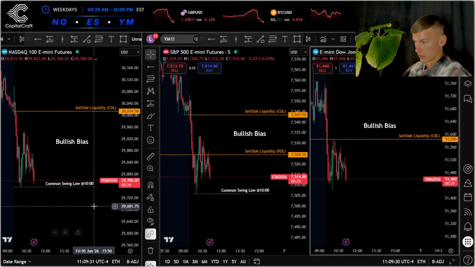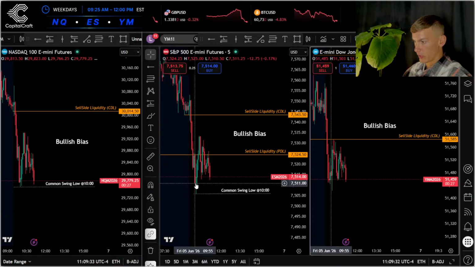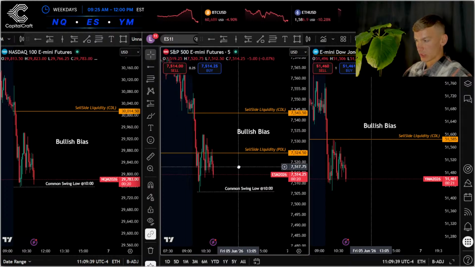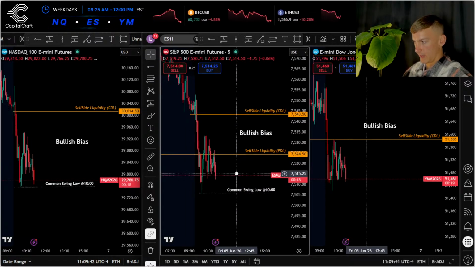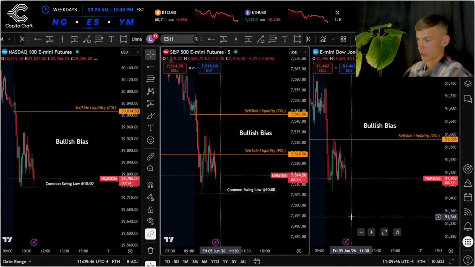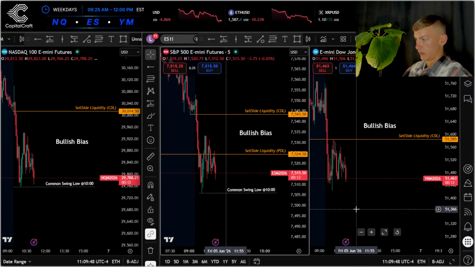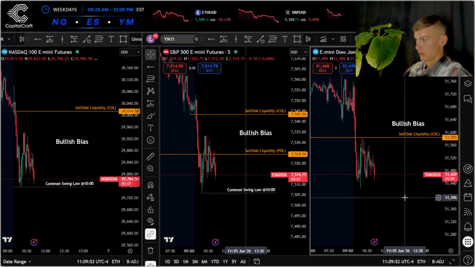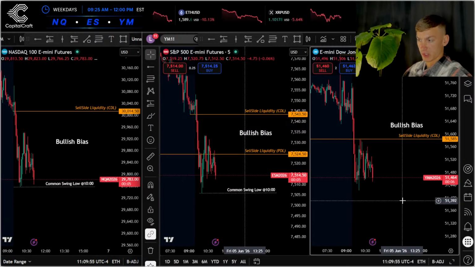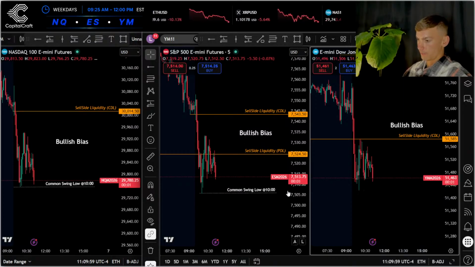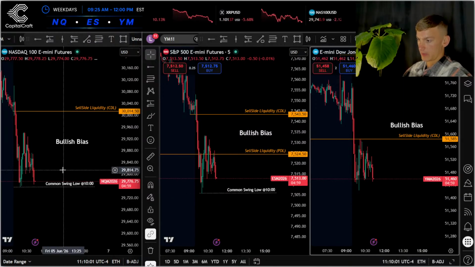And likewise on the S&P 500, we are a little bit further from that, but we are still fairly close. So we are expecting a lot from the marketplace right now, but we do want to cherry pick our specific positions. We do not want to take a trade that doesn't exactly correspond with our specific analysis or our specific system that we use. So I'm just sitting on my hands.